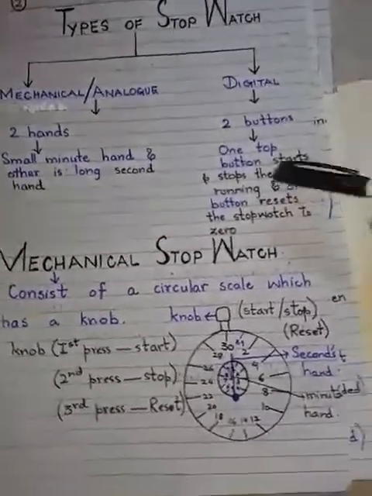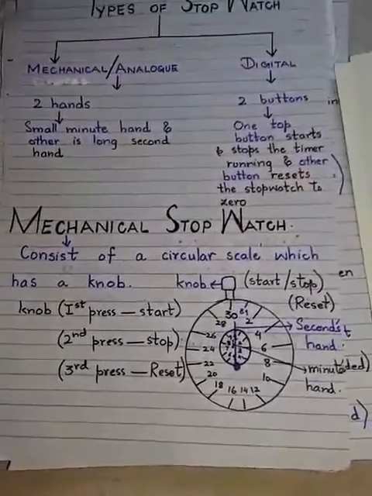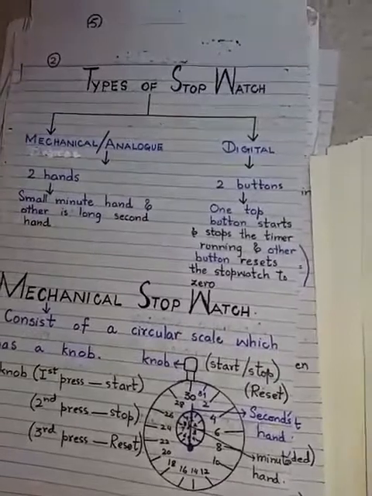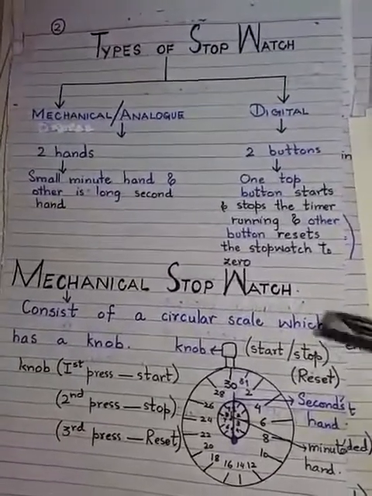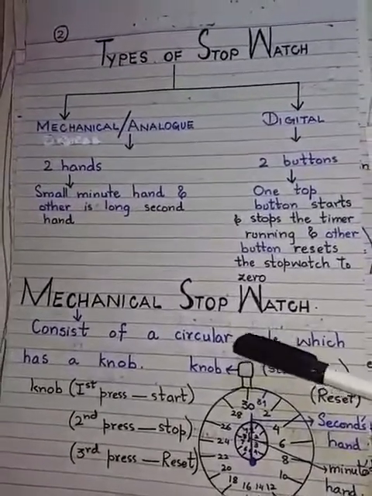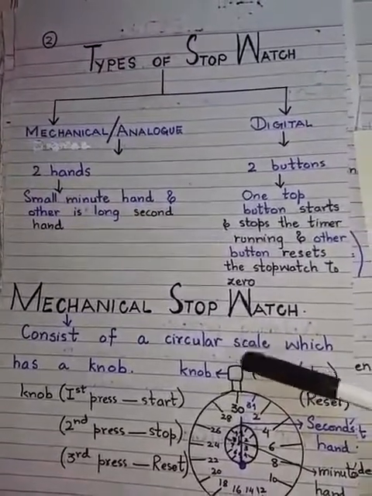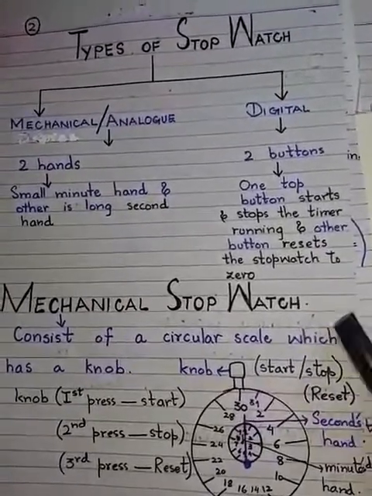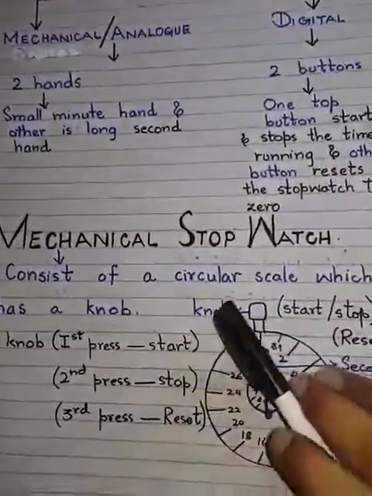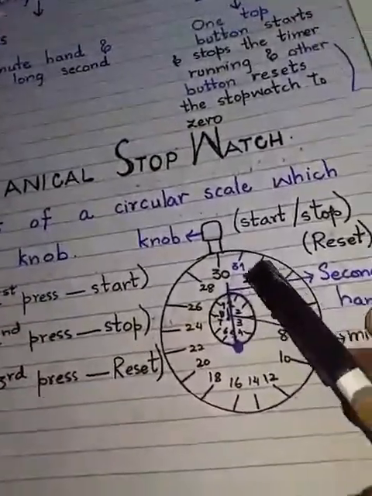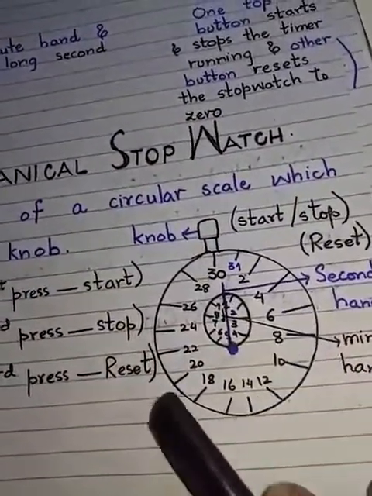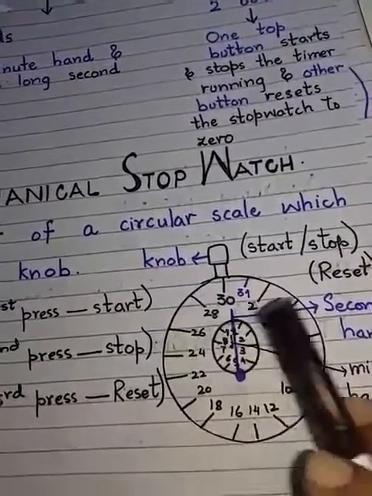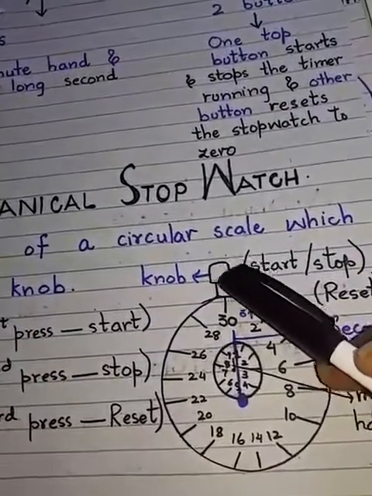So what is a mechanical stopwatch? As I told you girls, a mechanical stopwatch consists of two hands. Basically, it consists of a circular dial on which a circular scale is given, and it has a knob. As you can see, this is the mechanical stopwatch, which consists of a circular dial, and on this dial a knob is present.